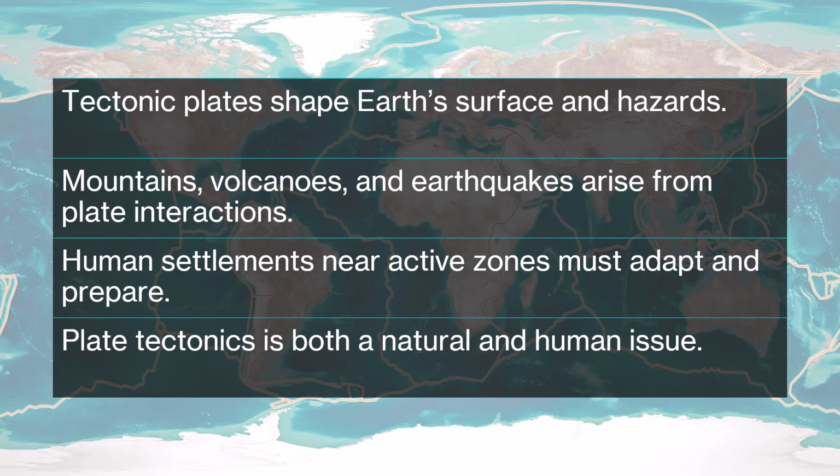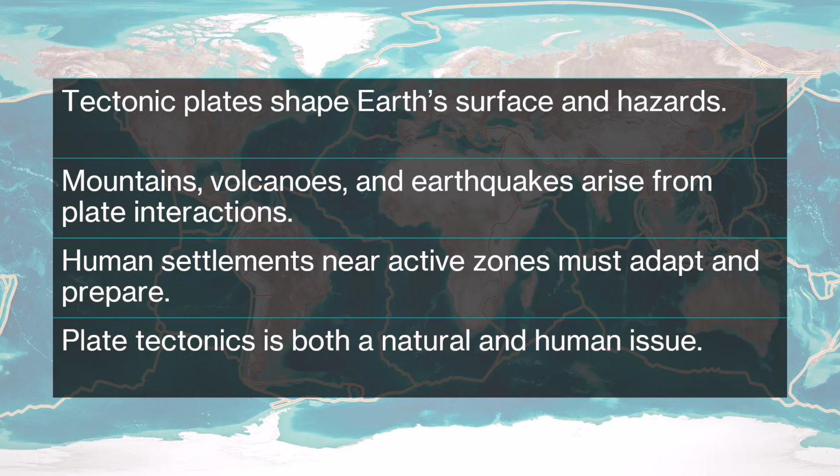So, in conclusion, plate tectonics is the engine behind many of the Earth's most powerful forces, from the rise of mountain ranges and the formation of ocean basins to the devastation of earthquakes and volcanic eruptions. Understanding the three types of plate boundaries, convergent, divergent, and transform, not only helps us to predict where changes occur, but also to shape human life.